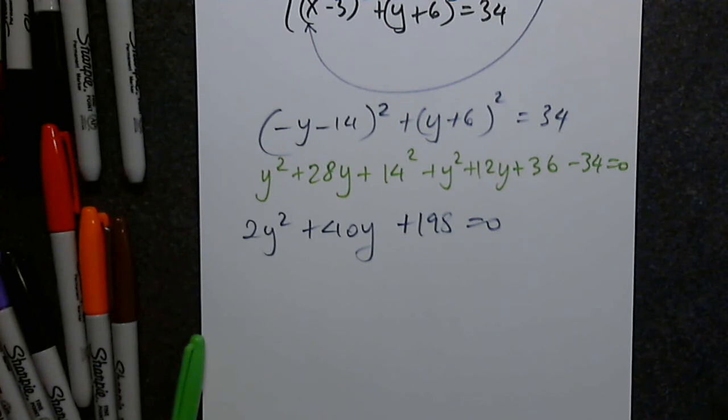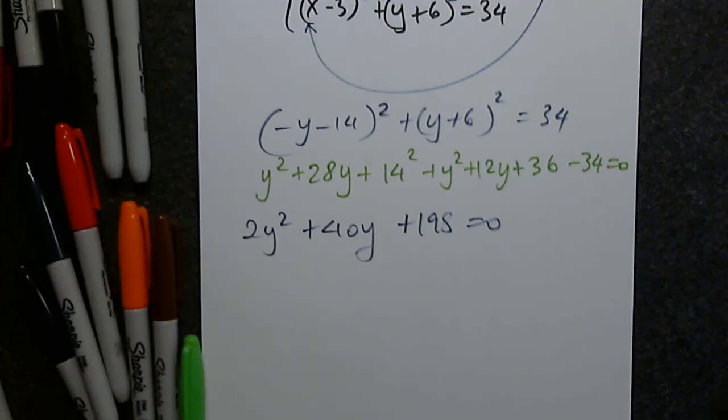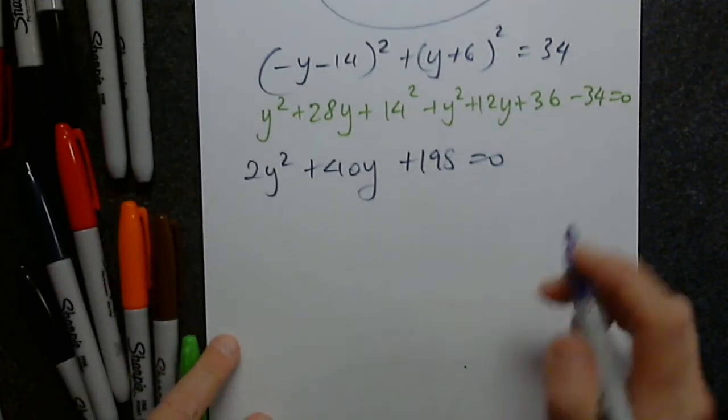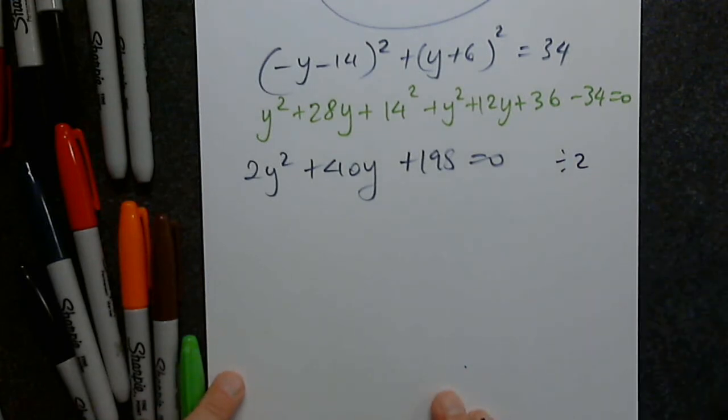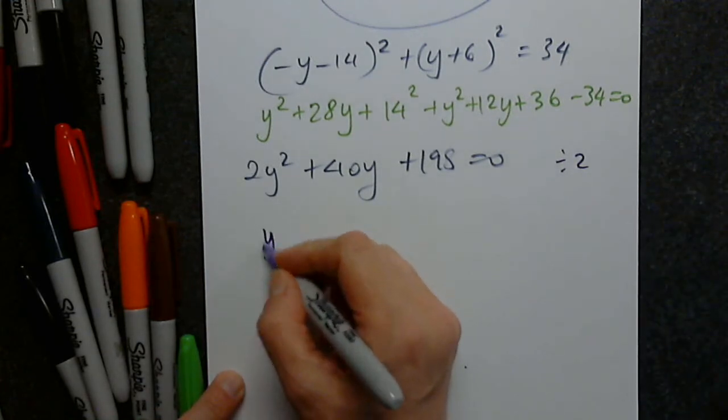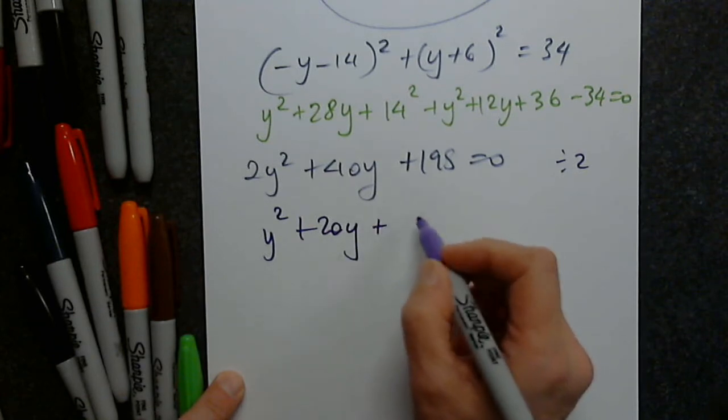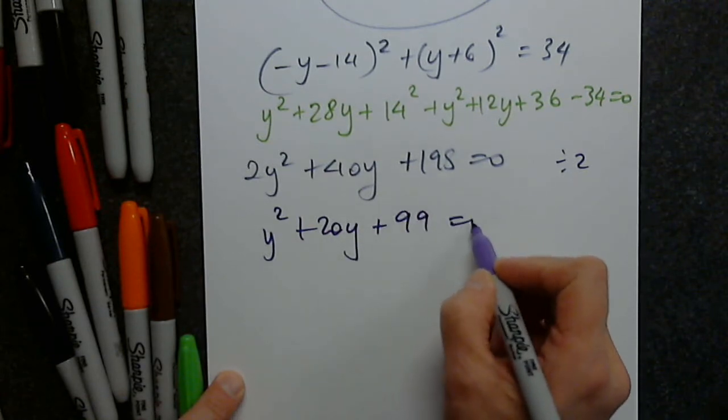What do you think I'm going to do next? Divide by 2, of course. Get rid of it. You cannot divide by x or y, but you can always divide and simplify by a number, not 0, of course. Y squared plus 20y plus 99, I think.